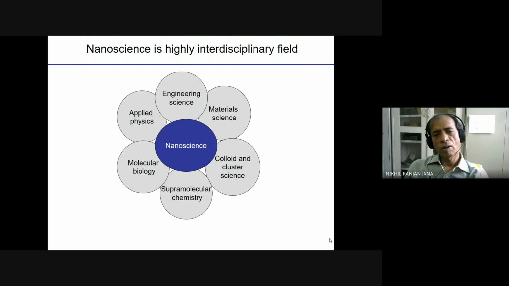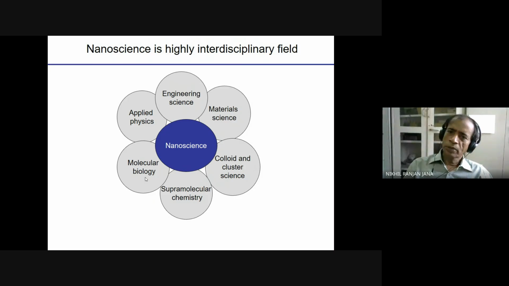Those were developed long back, and nanoscience is a quite recent subject area, which is interdisciplinary in the sense that you need knowledge covering physics, chemistry, biology, and subjects like applied physics, engineering science, material science, supramolecular chemistry, molecular biology, biomolecules. Many of them are large size, like polymers. So, macromolecular biology. These are all involved in nanoscience.